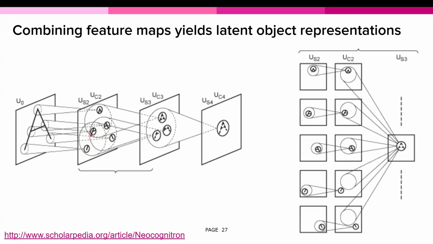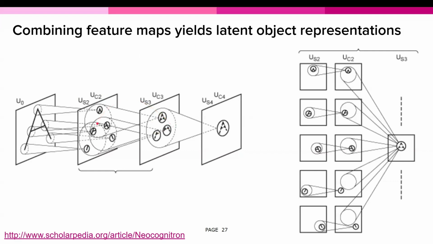Because of the cascading connections between S cells and C cells, deeper layers are going to combine features from earlier ones. As information moves through the network, each successive layer is going to contribute to building an increasingly abstract and invariant representation of the input pattern.